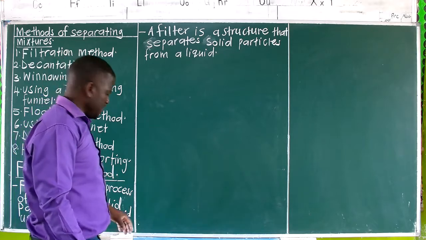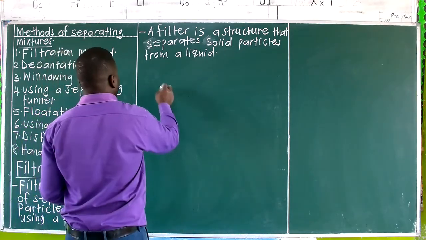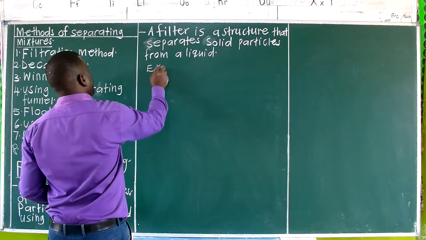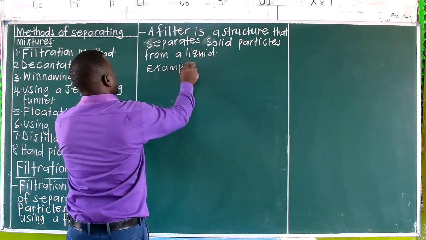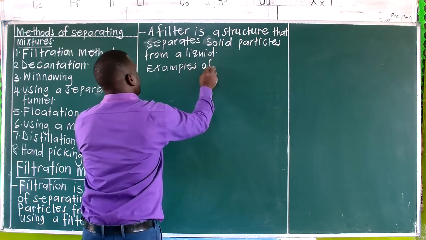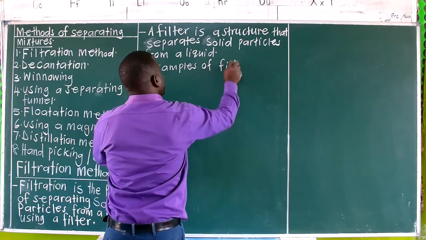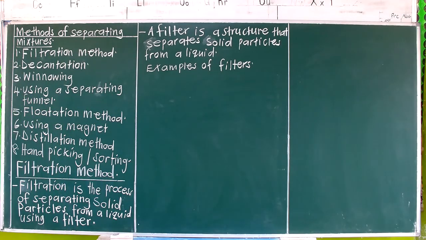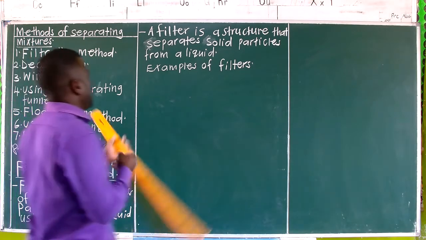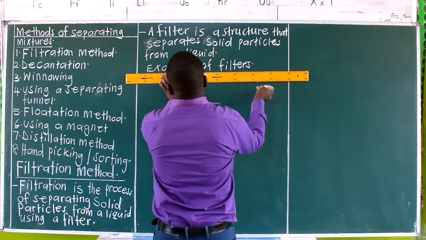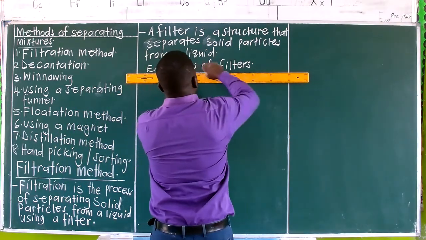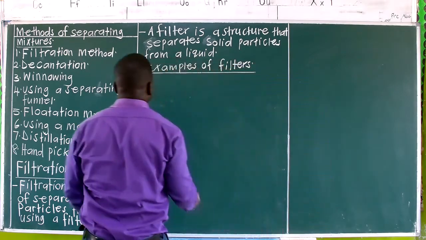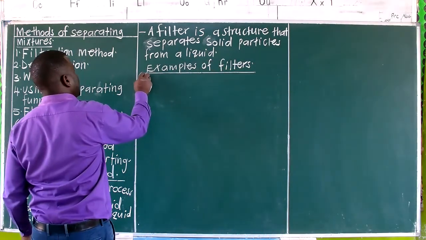Then we have examples of filters. Examples of filters: number one, filter paper; number two, a piece of cloth. Filter paper and a piece of cloth can be a filter.